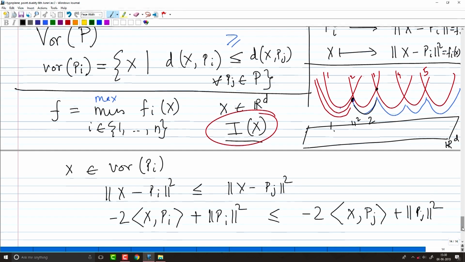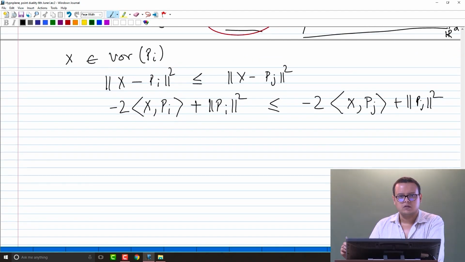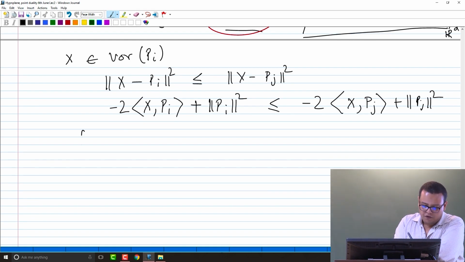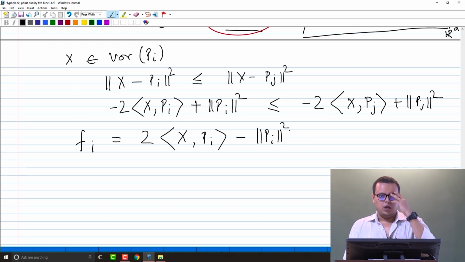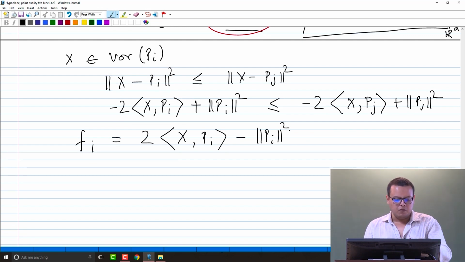So can you see a linear equation that I can use? If I set f_i(x) equal to 2 x·p_i - ||p_i||^2, and I maintain the upper envelope of the f_i's. Did you get what I am trying to say?